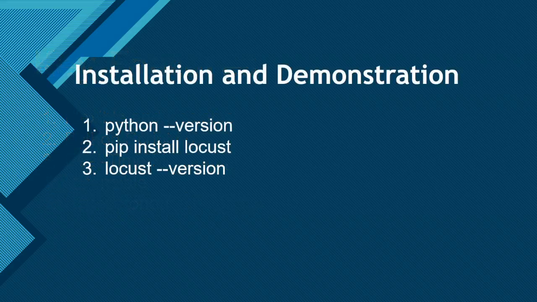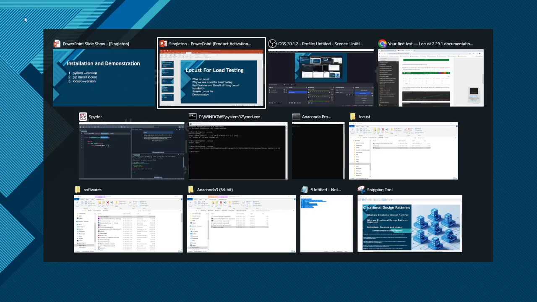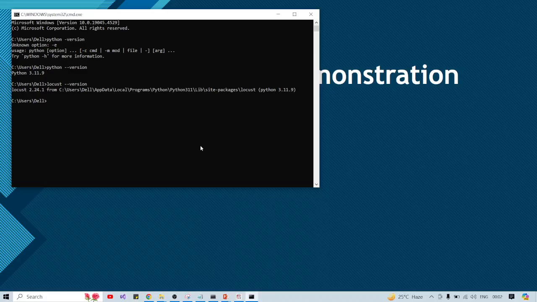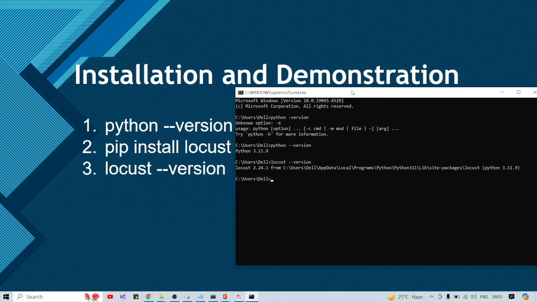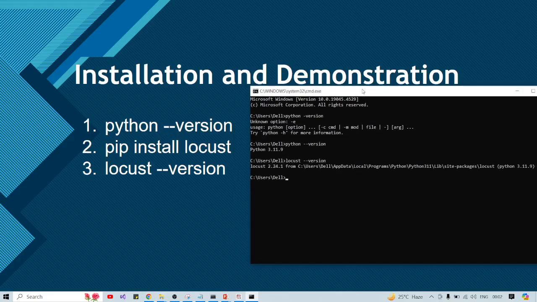Now let's see how to install it, and a demonstration. These are the three steps which we need to follow. First of all, we need to have Python installed on our machine.